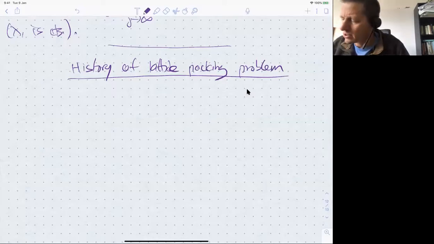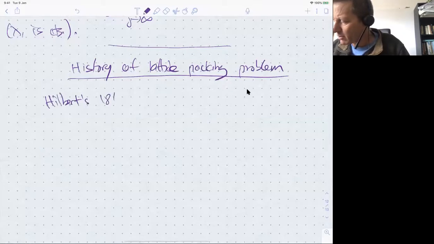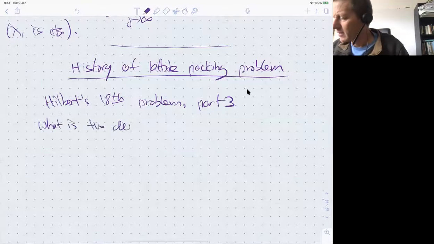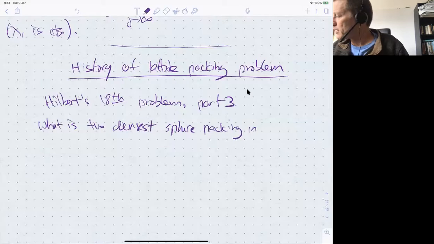First of all, it's on Hilbert's list, it's Hilbert's 18th problem. It has 3 parts, and the third part of the problem is, what is the densest sphere packing in R3?